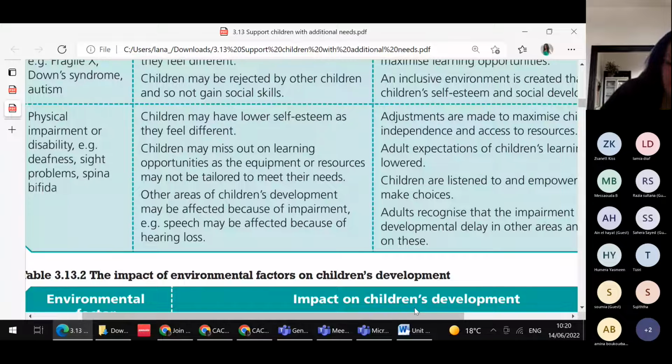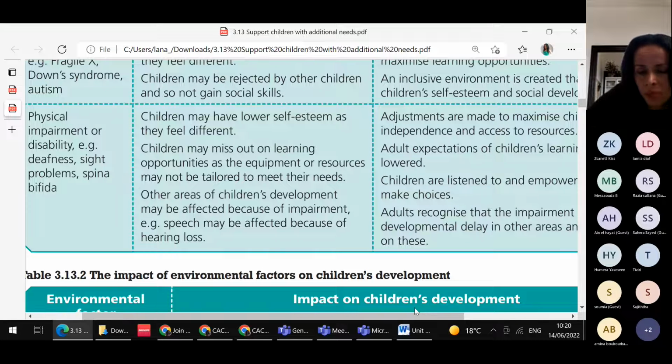Obviously, like your colleague said, it's lower self-esteem. They will feel different. They will feel not happy about themselves. And also the children may miss out on learning opportunities, because if they can't hear, if they can't talk properly, if they can't see properly, they would miss out on so many learning opportunities.